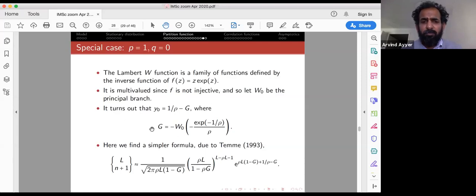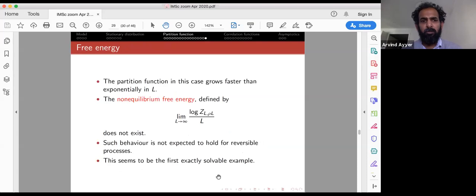And then if you define G to be this funny expression, there's a simpler formula. This is due to the Dutch analytic combinatorialist Nico Temme, whose techniques I borrow heavily. And again, here you will see an L to the L dependence, the super exponential growth.